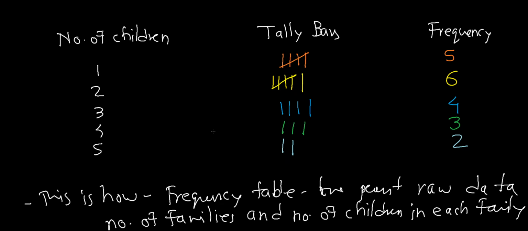So this is the way we use the frequency of number of children in the families. To represent the data, we use the frequency part of that data in the form of a frequency table.